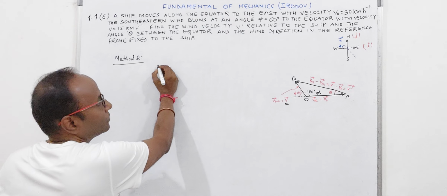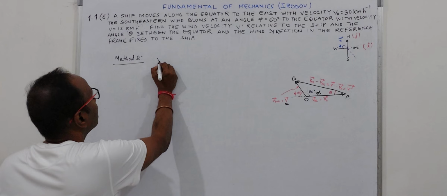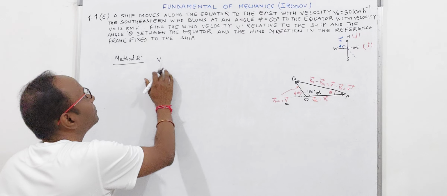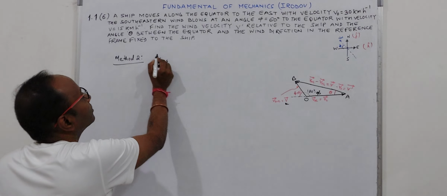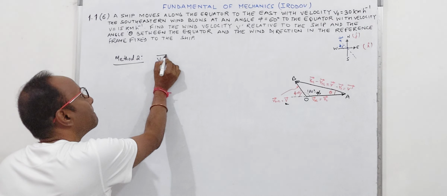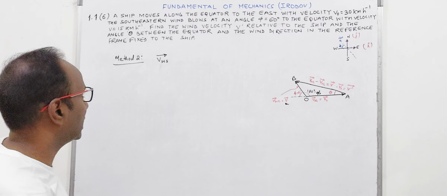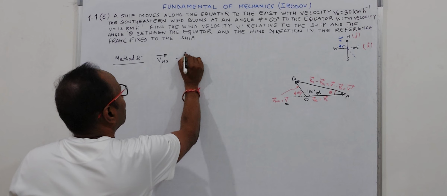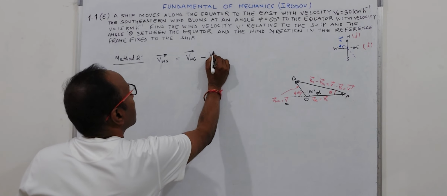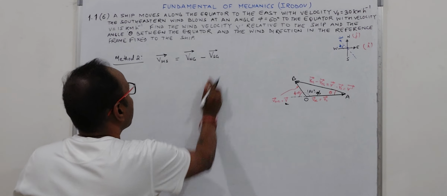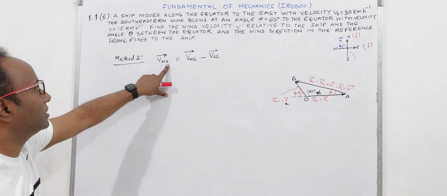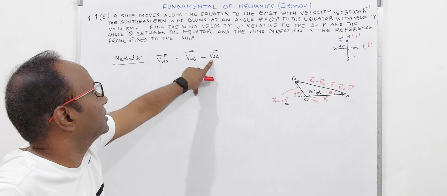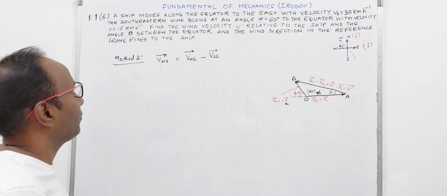As you know, you have to find velocity of wind with respect to ship. You will write the same way: velocity of wind with respect to ship is equal to velocity of wind with respect to ground minus velocity of ship with respect to ground.